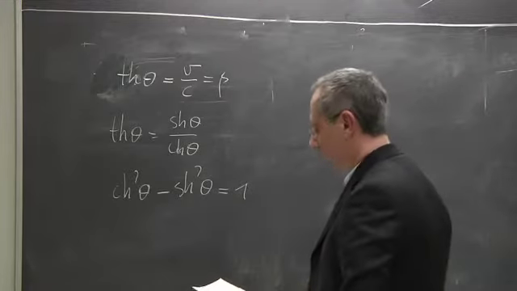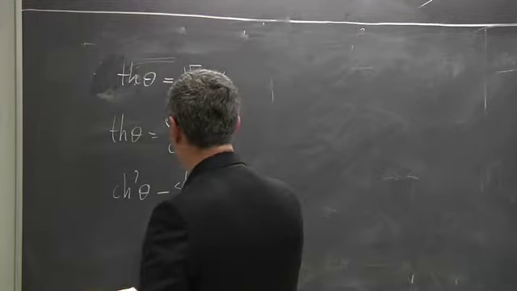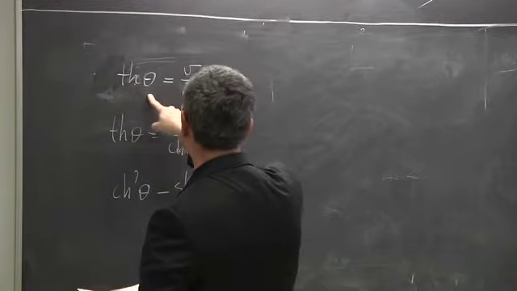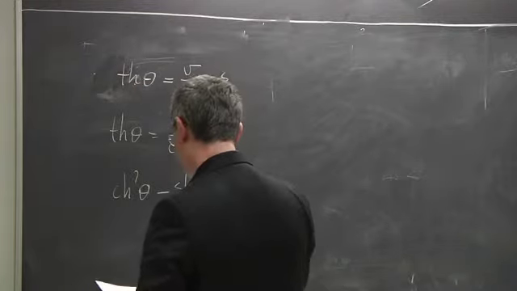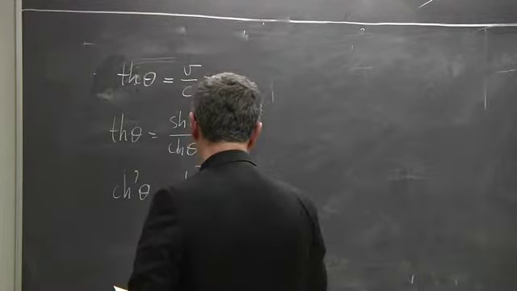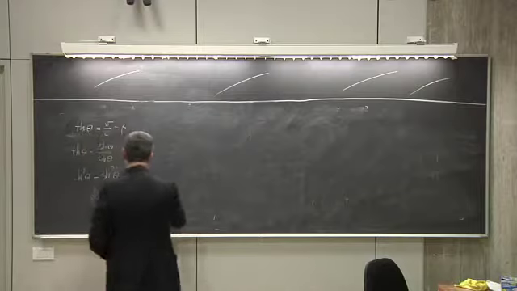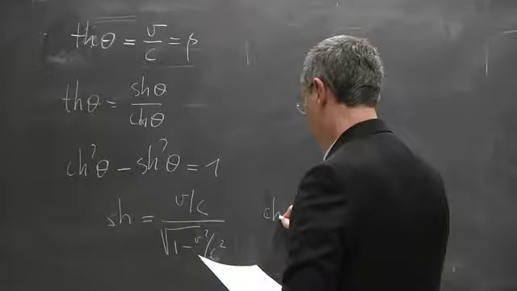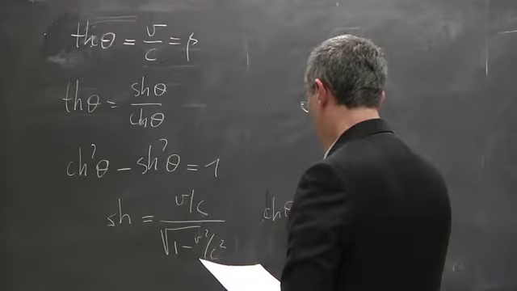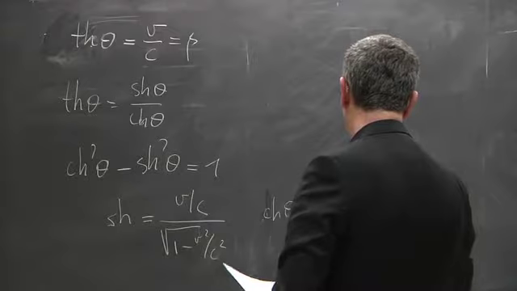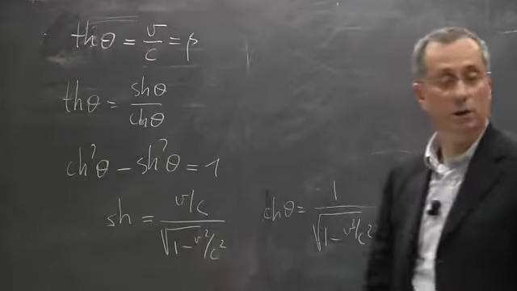Now you see that if you identify the hyperbolic tangent with beta, then the sinh is V over C divided by the square root of 1 minus V square over C square, and the cosh is 1 over the square root of 1 minus V square over C square, by using this decomposition.